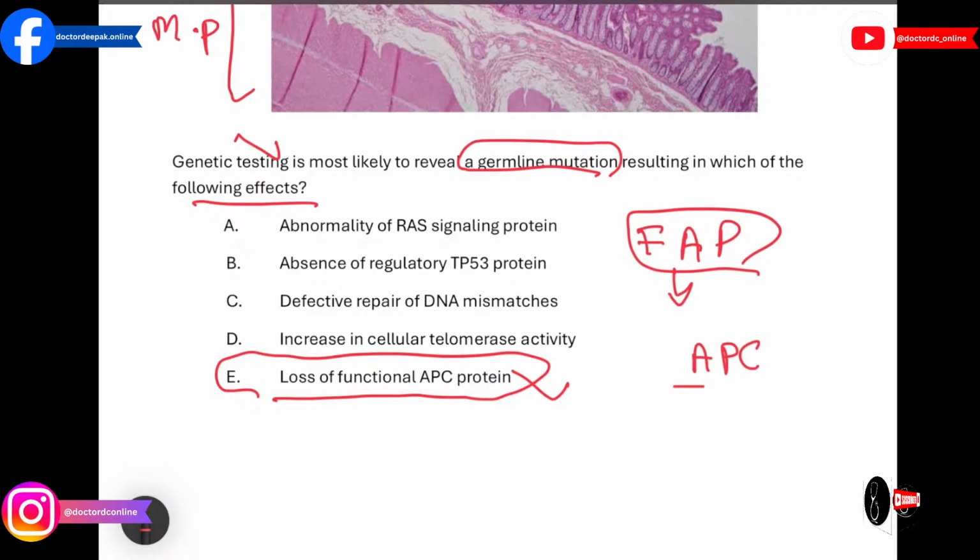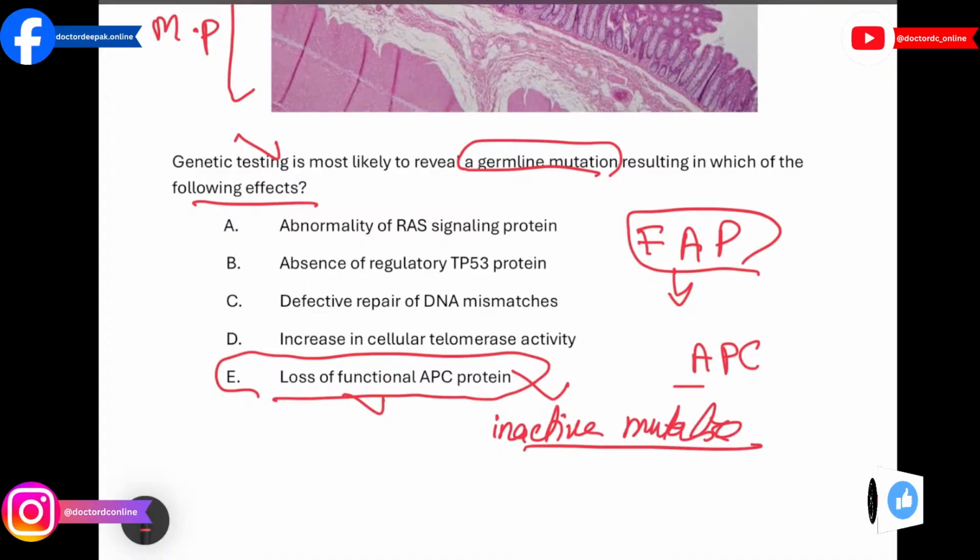This question has no hidden concept, but from the history you have to reach the diagnosis of familial adenomatous polyposis. Then they are asking about the genetic findings: which gene is affected so that this disease happens. It is already mentioned in the general pathology chapter on neoplasia that loss of function of APC protein happens, and it is also an example of an inactivating mutation. Inactivating mutations are found in tumor suppressor genes.